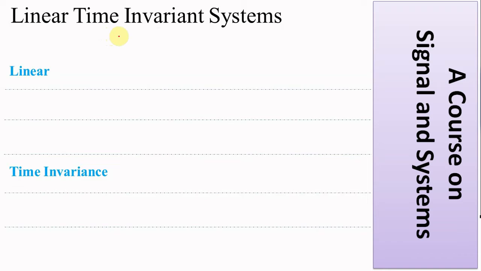So if y(t) is the output of the system and x(t) is the input of the system, based on the relationship between y(t) and x(t), we have already formed the basis of linearity and time invariance. So now we are going to study a special class of systems which follow both the properties, linearity and time invariance.